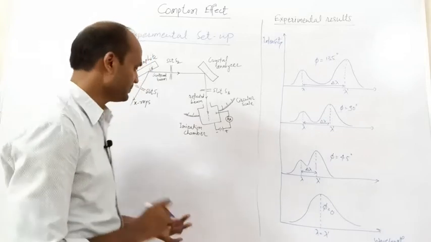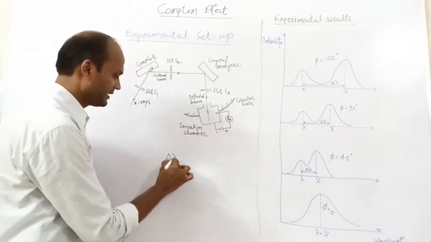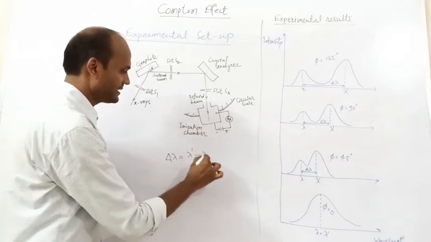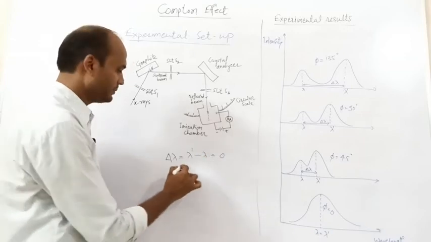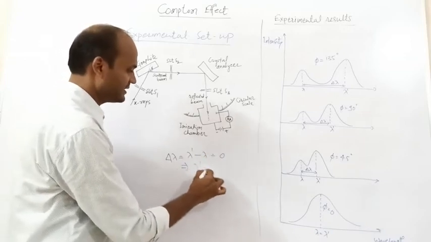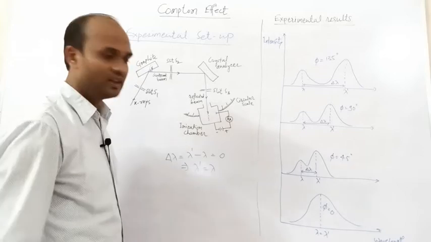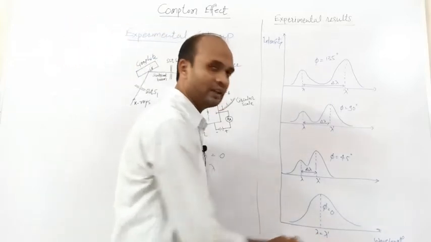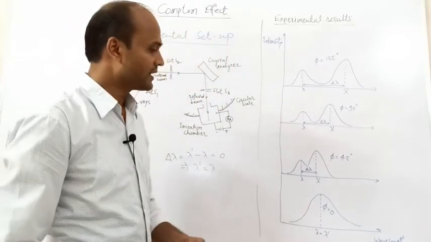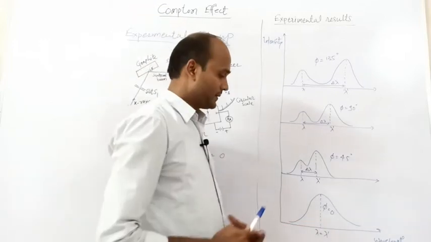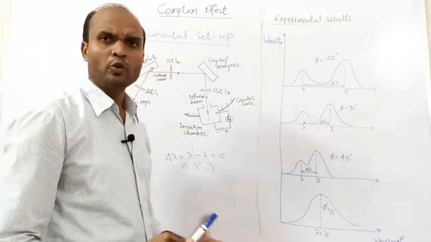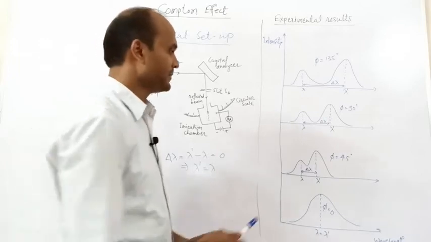As Compton shift delta lambda, which is equal to lambda dash minus lambda, is 0, it means lambda dash is equal to lambda. That's why we get only one intensity peak.